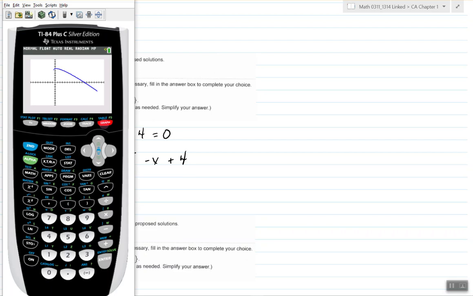And now it looks good. Here comes y equals 0. I will do second, calc, number 5. Go toward the point of intersection, which is an x-intercept in this case. In all of these cases, enter, enter, enter. And the answer is 12.